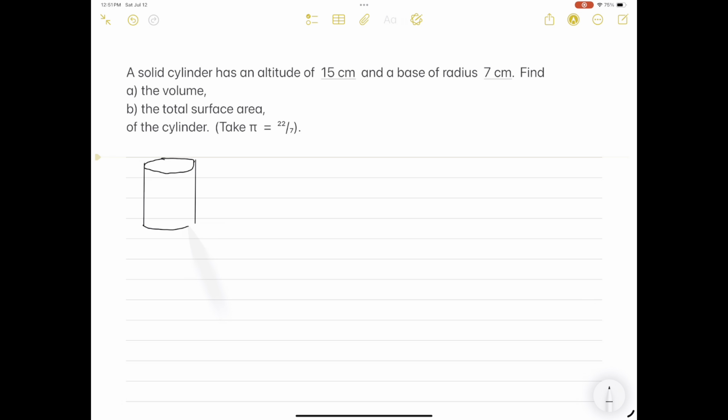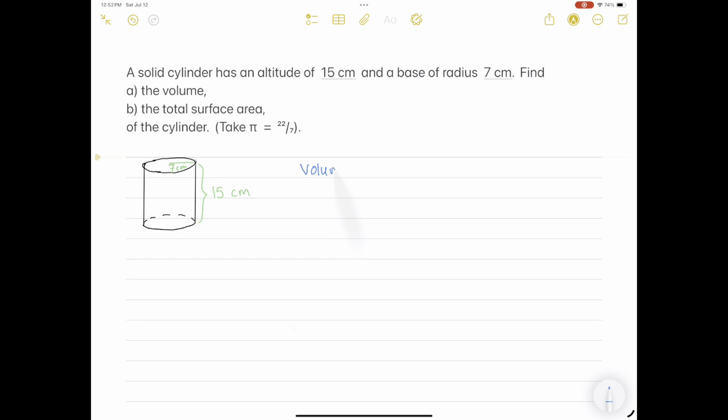So once again, I begin by drawing a picture of the cylinder to get an idea of what the problem is and how to approach it. I label the figure with the facts given. In this case, there is an altitude or height of 15 centimeters and a radius of 7 centimeters.